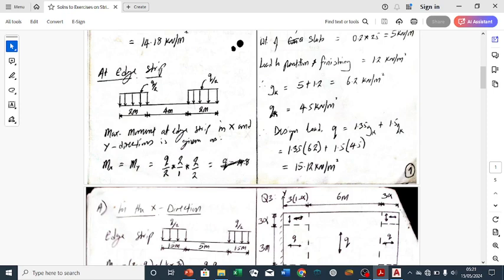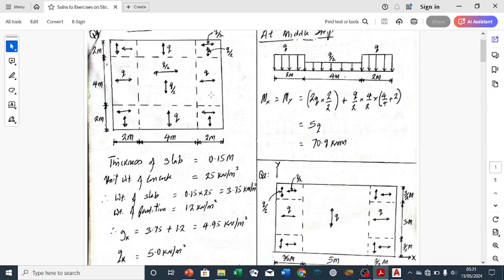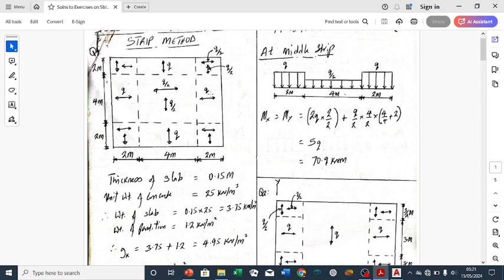So we have Q here. And our Q is 14.18. So that means the moment at the edge strip in the X direction and Y direction is 14.18. The next thing to do is to go to the moment at the middle strip.